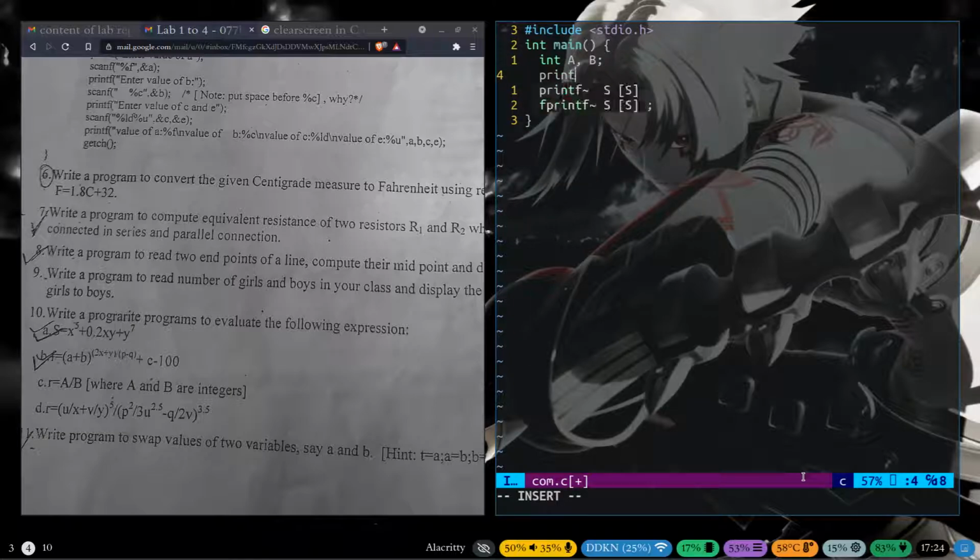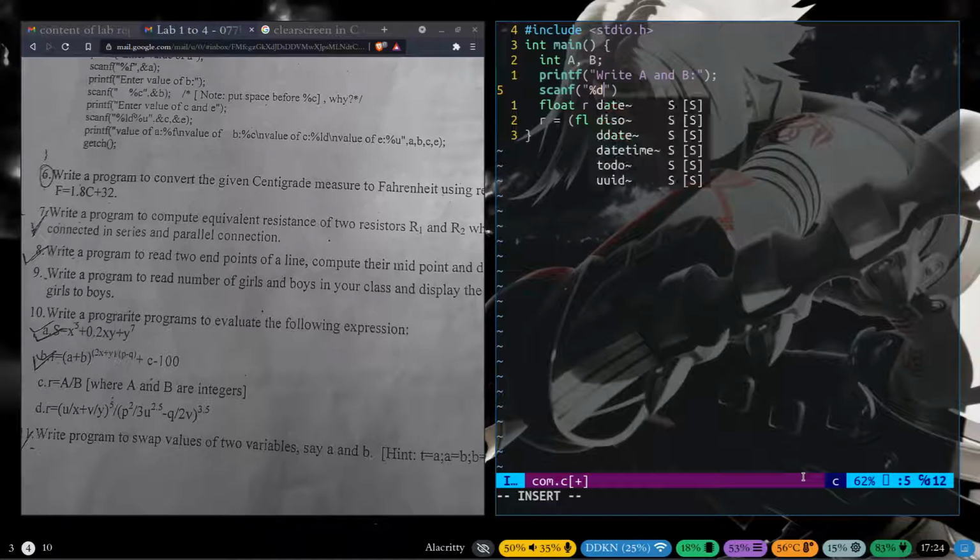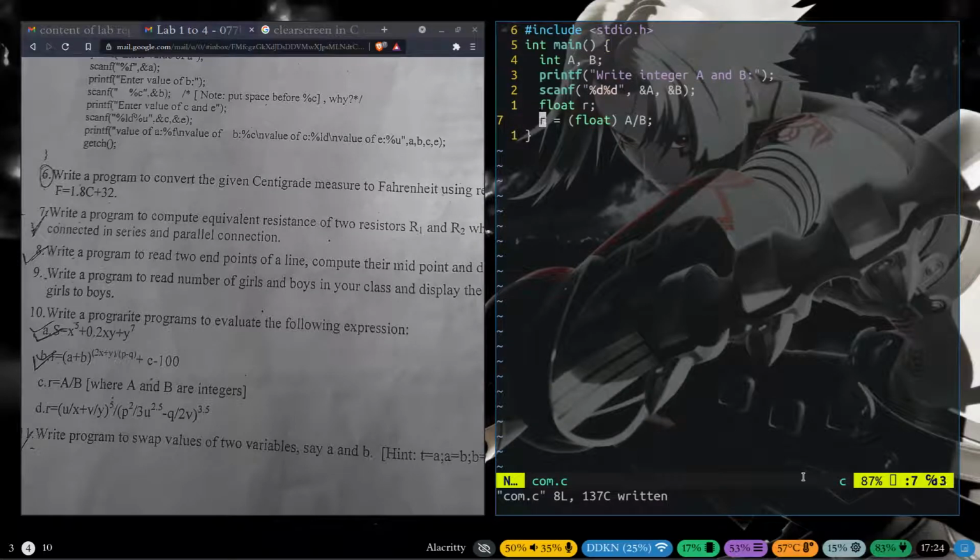Printf, write A and B. %d, integer A and B. Printf.